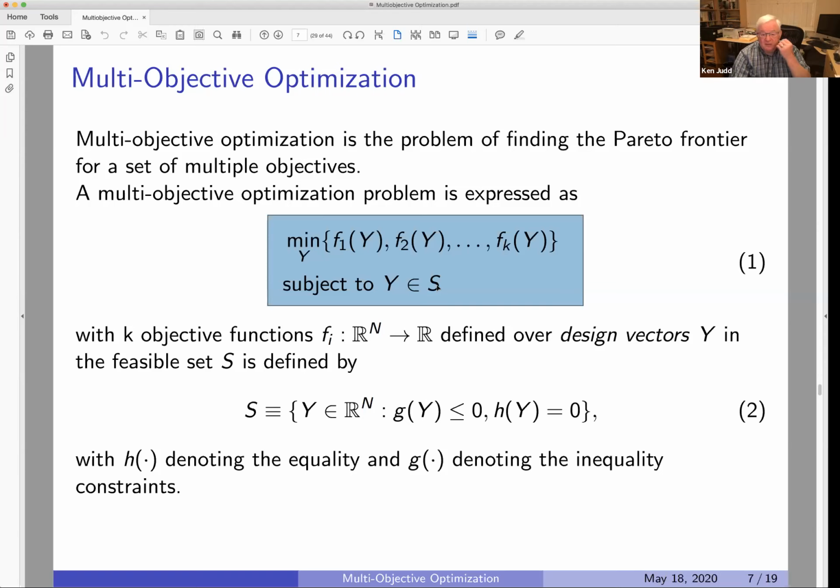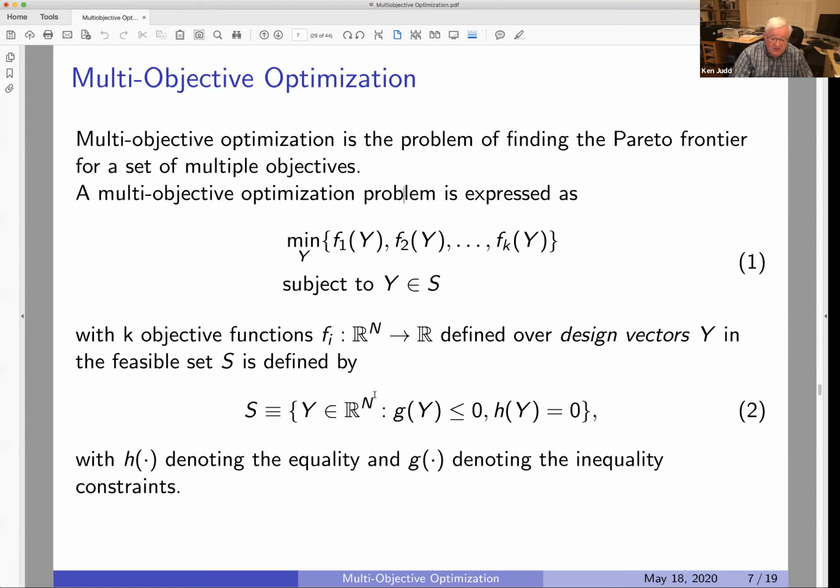So a multi-objective problem is expressed in this fashion. Minimize y, minimize this vector of objectives over y, subject to y being feasible. So at first, when you see this thing, what do you mean? Well, which one do you want to minimize? Well, this notation tells you you are in multi-objective optimization world.